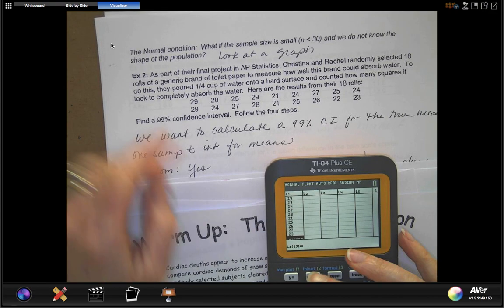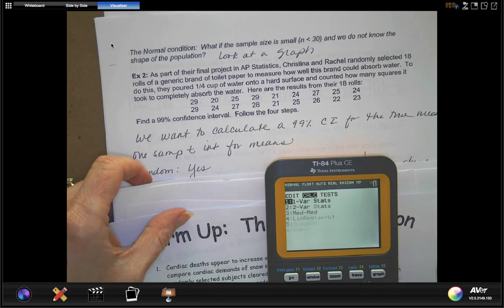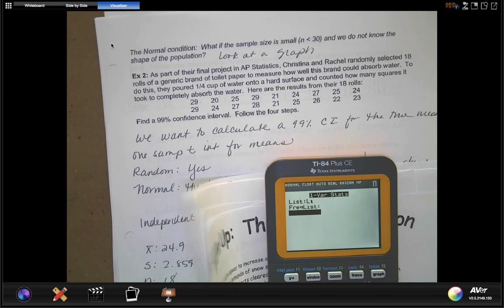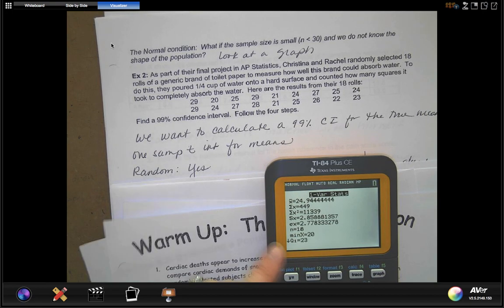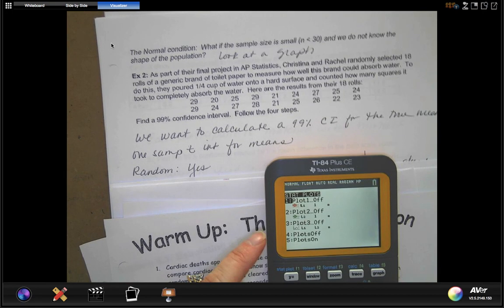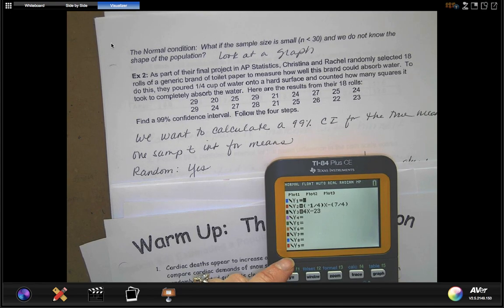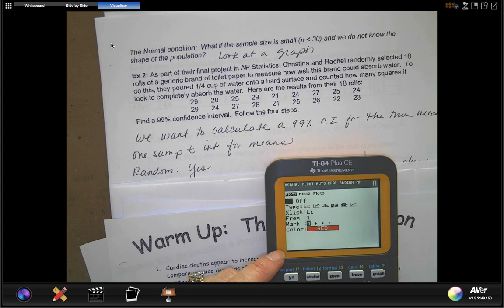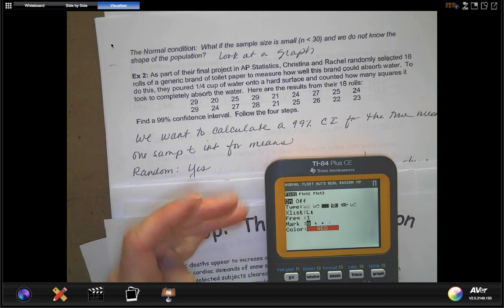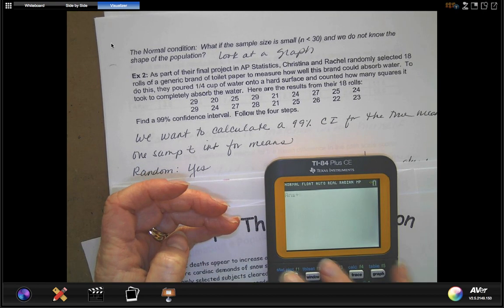So again, here you have choices. I have all these data typed in here, and I just want to make sure I typed them in correctly. So let me just check something real quick here. Yes, my numbers are matching up, so I'm good. Okay, so you have choices here with your graphs. I have a couple things in my y equals, so I'm going to get rid of those. All right, so with my graphs, you could look at a histogram.